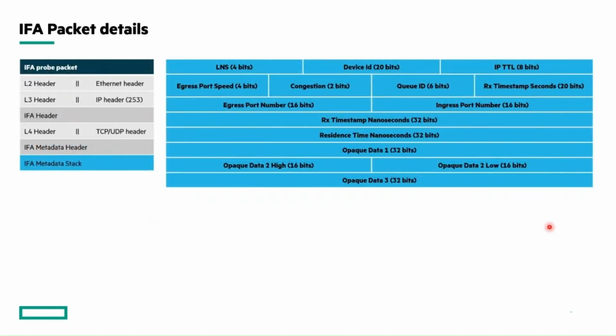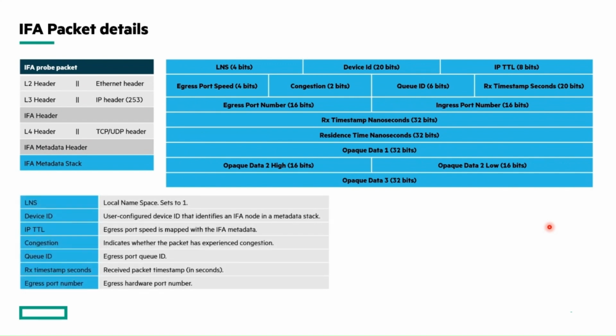Finally, we have the metadata stack, which has the following fields. Quickly going through each of them, we have local namespace, which is set to 1. Next is device ID. This is something that is configured by a user to identify the specific node in the network. Next, we have IPTTL, and egress port speed mapped with the IFA metadata.